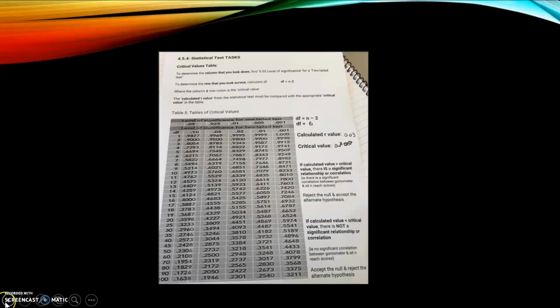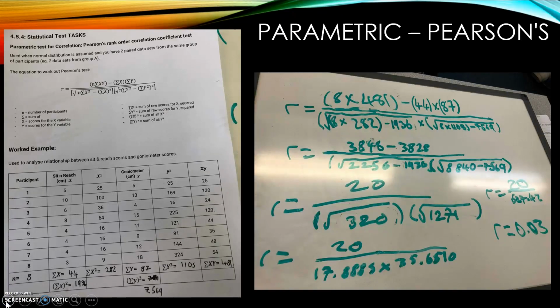Let's go back. Here you have the parametric Pearson's test. So here you have 8 participants who were recorded for their sit and reach test, and then their goniometer.